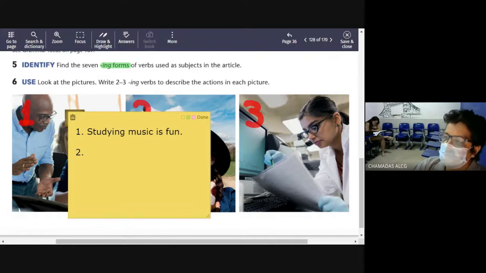So in this case, now we are not describing. We are talking about. We don't need to talk about the woman. We can talk about the action of visiting Paris. Okay?